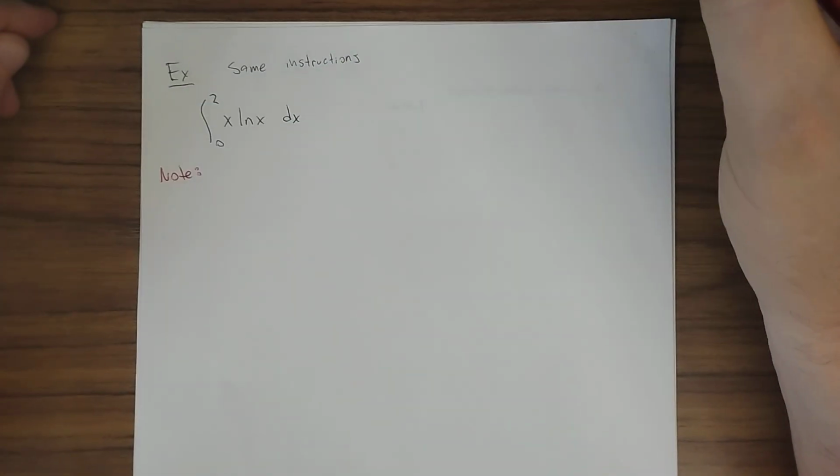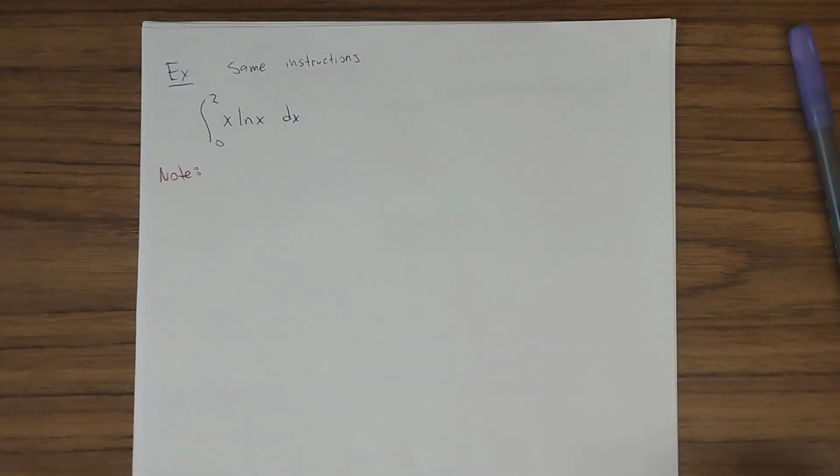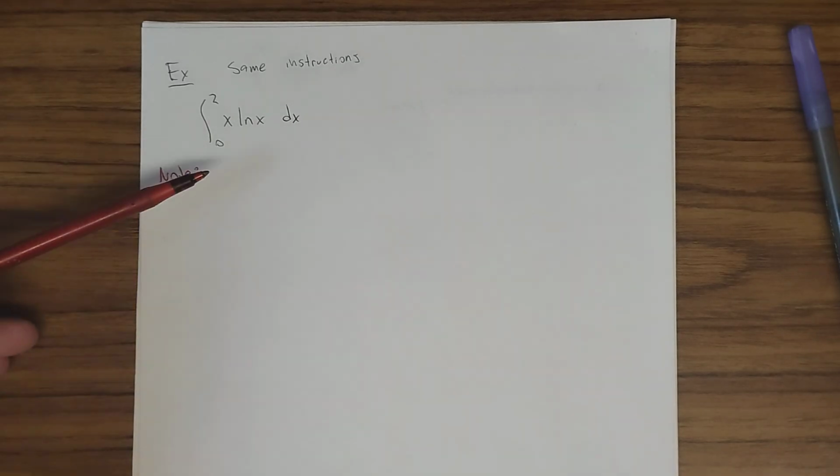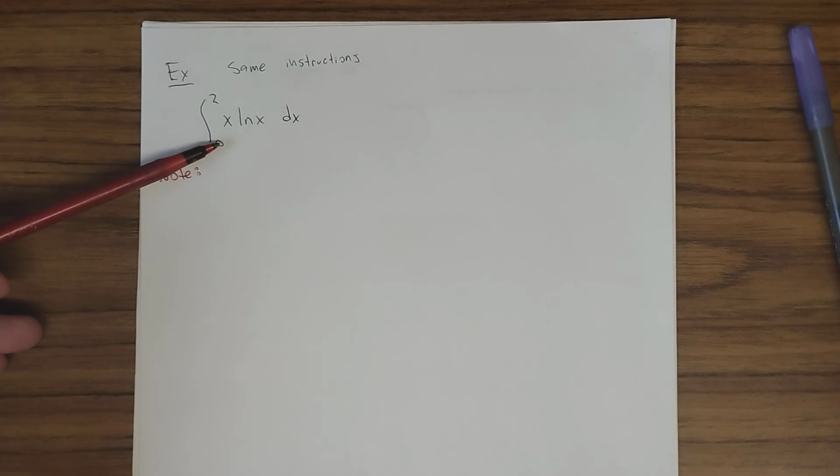Natural log has a slight issue. I can only do the natural log of a positive number. I can't even do the natural log of 0. It has to be strictly positive. So that's the problem. The problem is that I have 0 as my left endpoint.